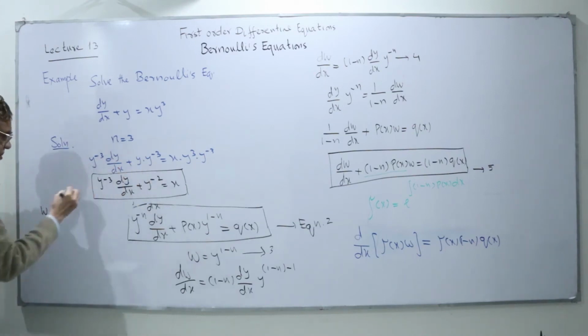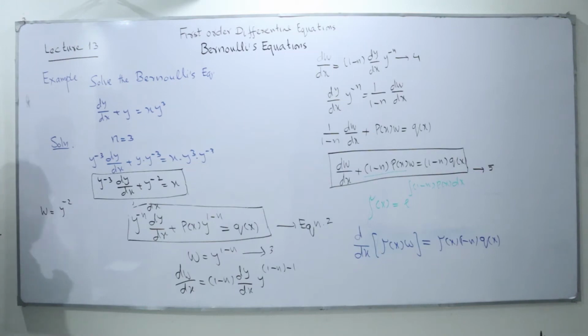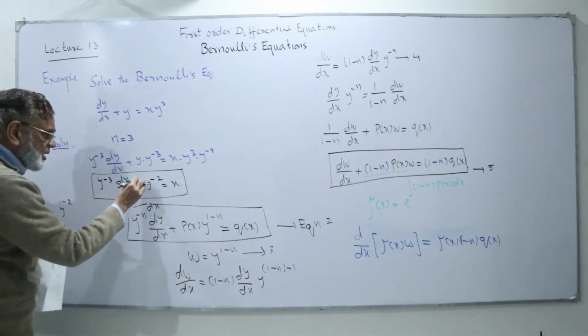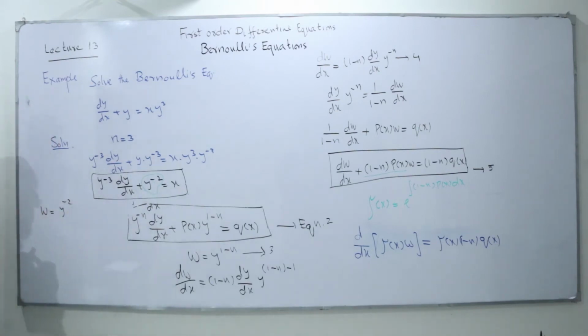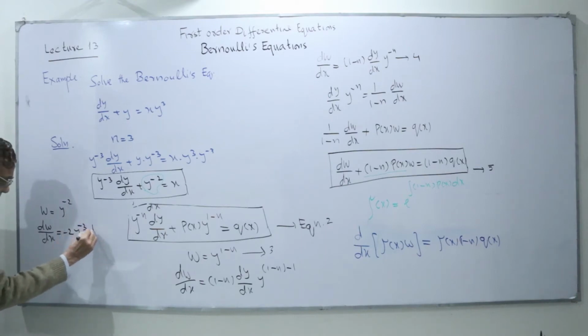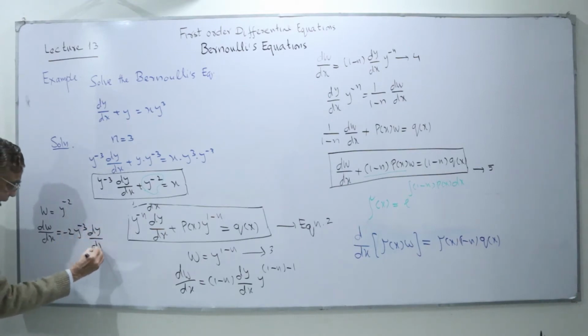We take this as our w, since this side is independent of y. Now I can write my dw by dx, which is equal to minus 2 y to power minus 3 dy by dx.